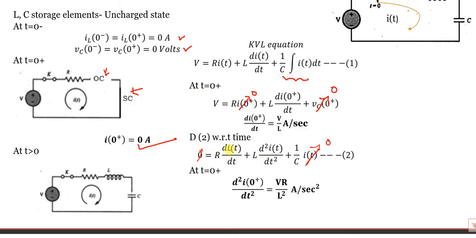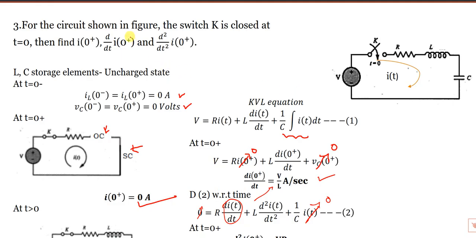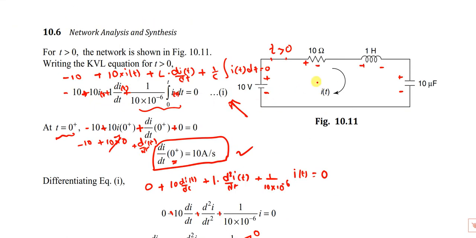We have to find d square I by dt square. di by dt is V by L. So substituting V by L, we get VR by L, and since one more L is there, divide by that: VR by L square. So easily you can find it for the general circuit also.